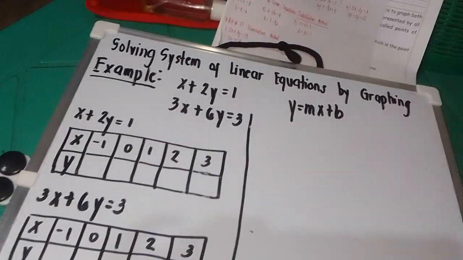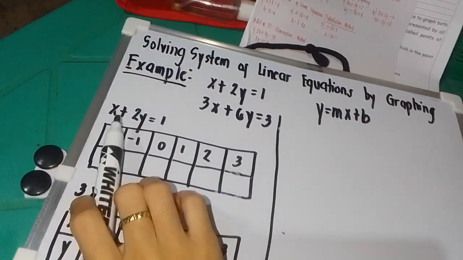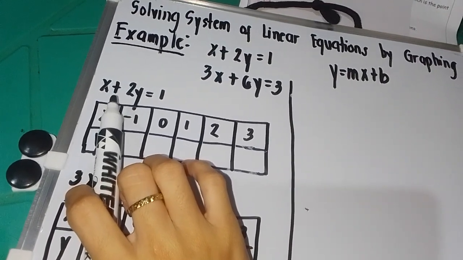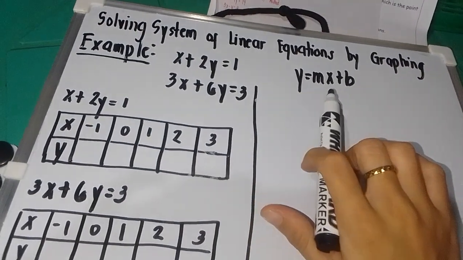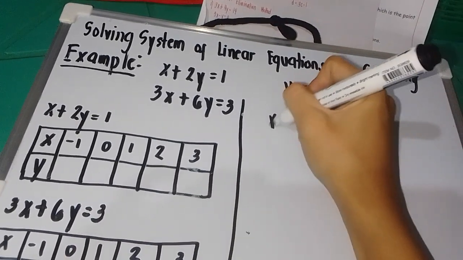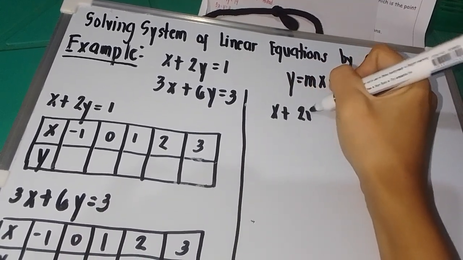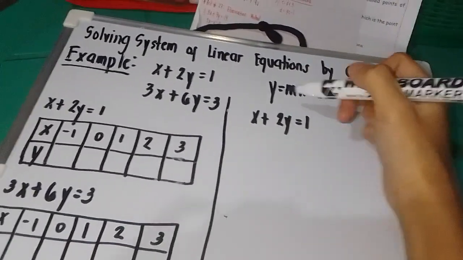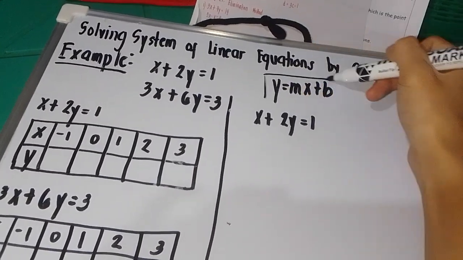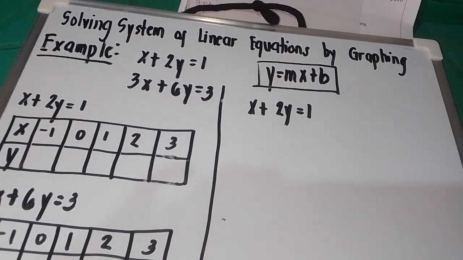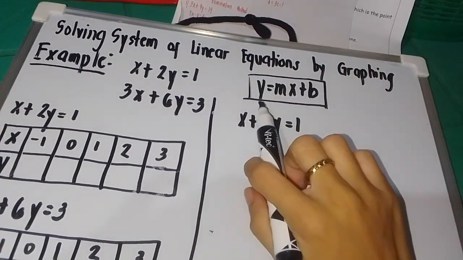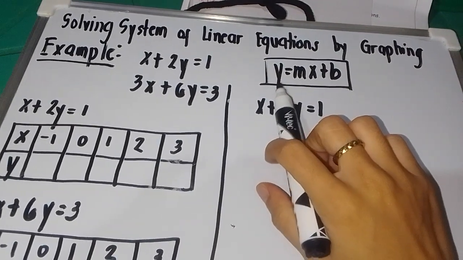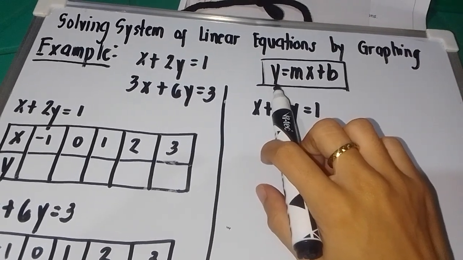Now, let us first transform this first linear equation into y is equal to mx plus b. So, we have x plus 2y equals 1. Looking at this slope-intercept form of the equation, we first write the term with the variable y on the left side.